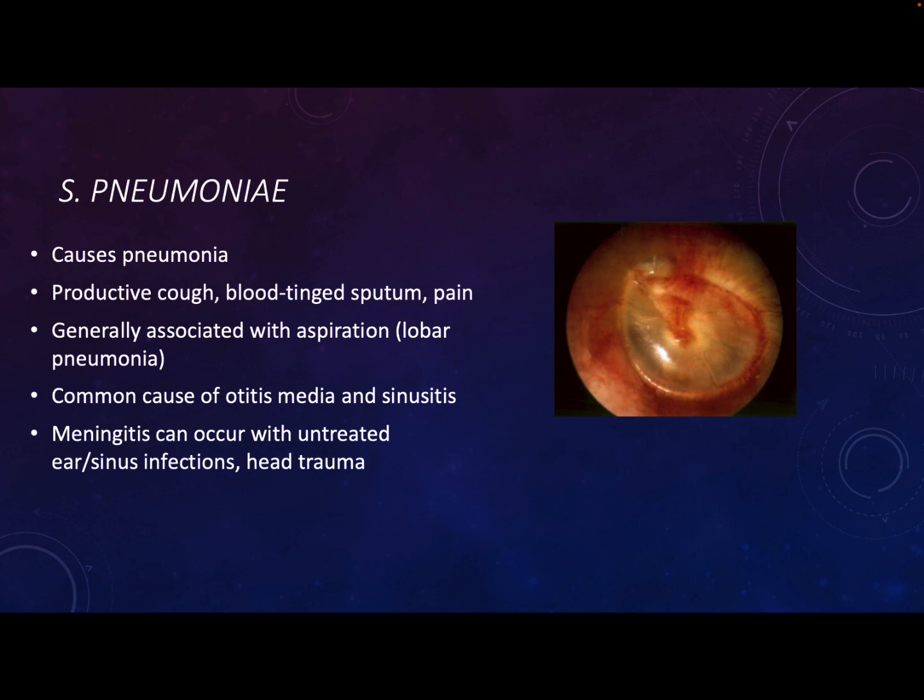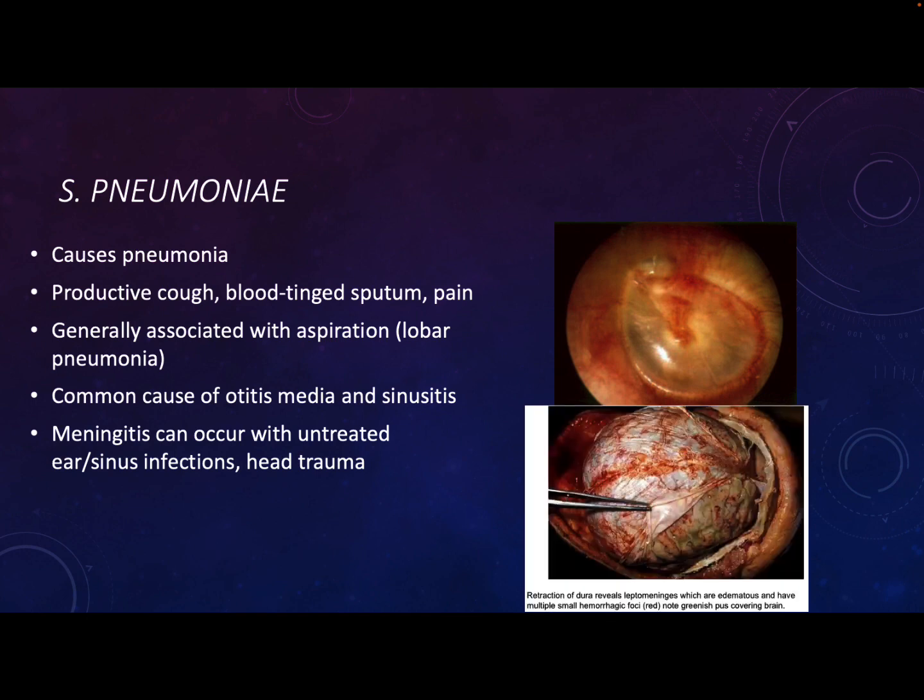Also, if left untreated, in some patients, these structures are so close to the brain, you can get meningitis, or if there's head trauma that might create a wound where the bacteria have access to get into the skull. Here you have, again, hard to see the colors, the dura mater being pulled back.